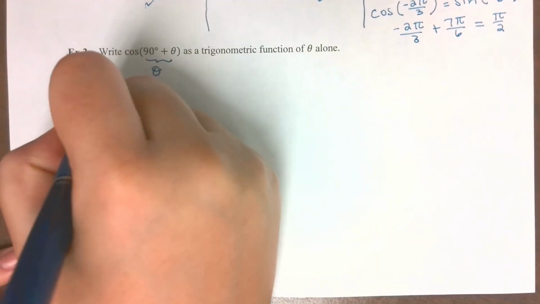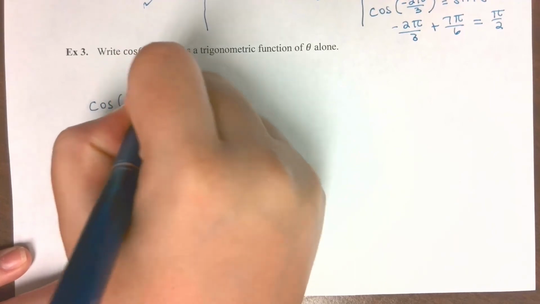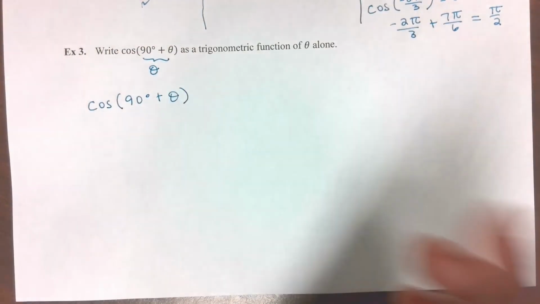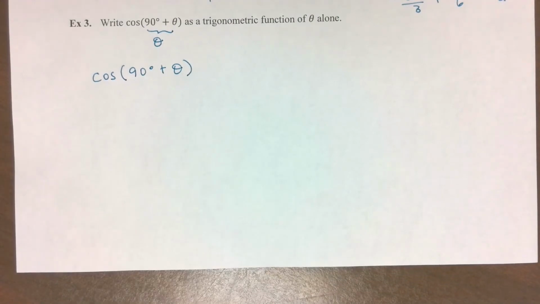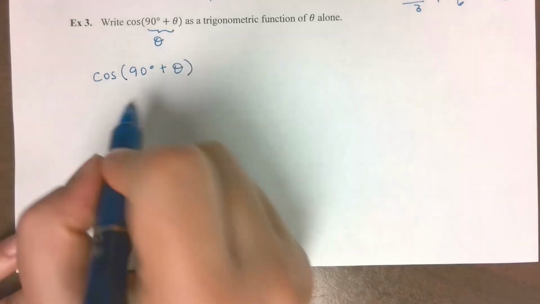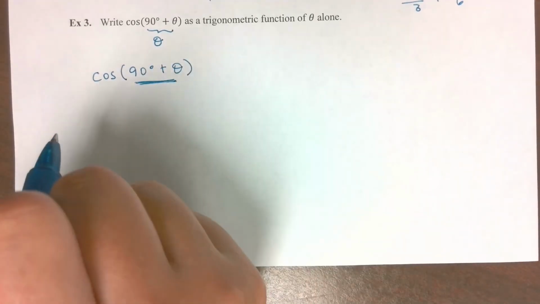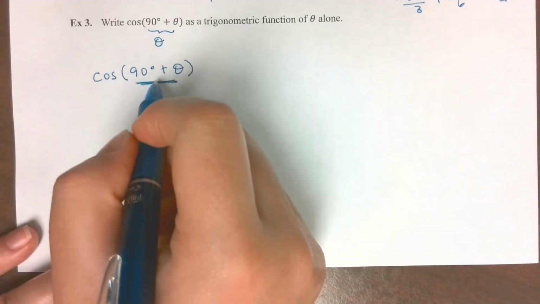Alright, so we have cosine of 90 degrees plus theta. If we go back to the sum and difference identities for cosine, we can see that this is a sum identity for cosine since I have addition right here.